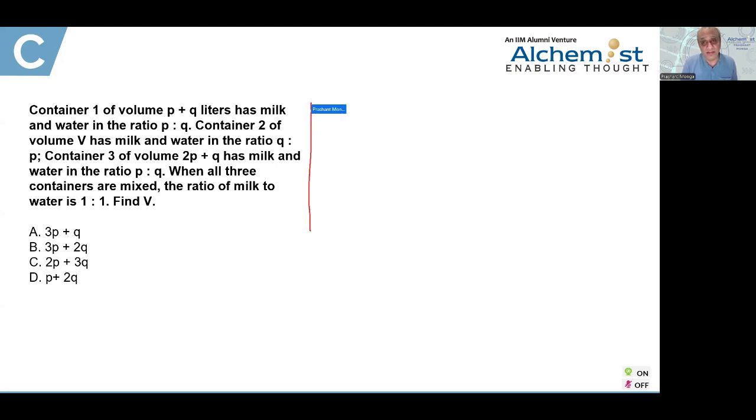Let's say we have milk and water, and their ratio reverses, in the sense they have two different solutions. In one solution, I say there is 30% milk, then obviously water would be 70%. If it gets reversed, then milk has become 70% and water has become 30%.